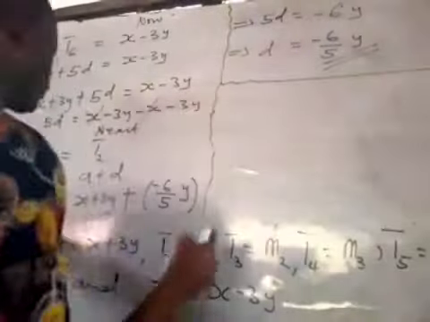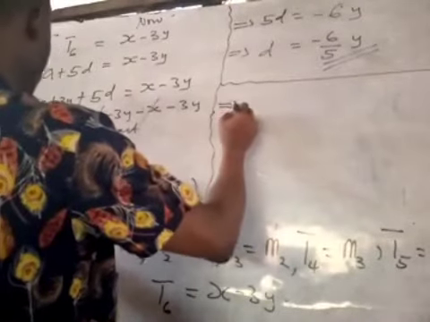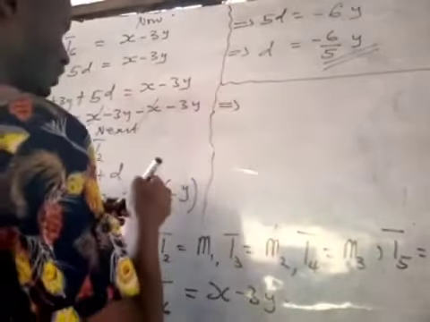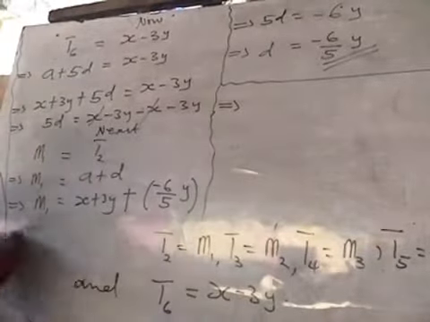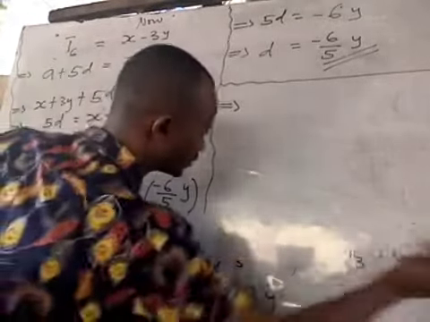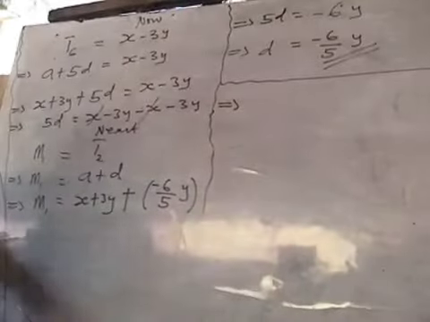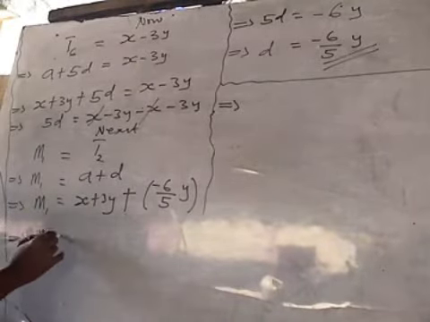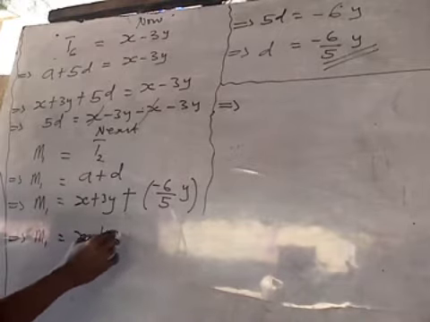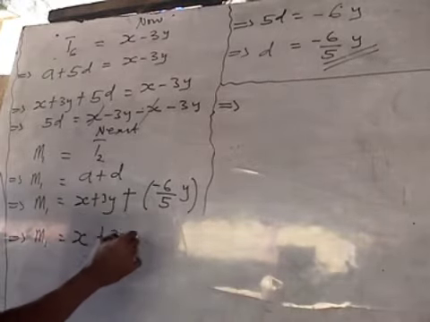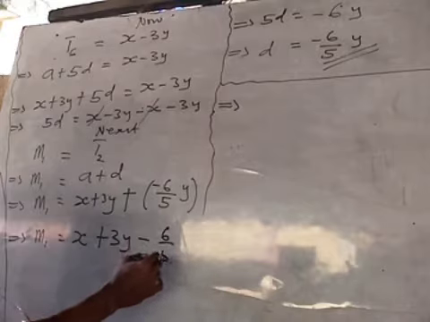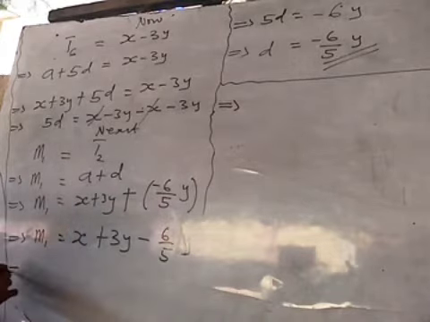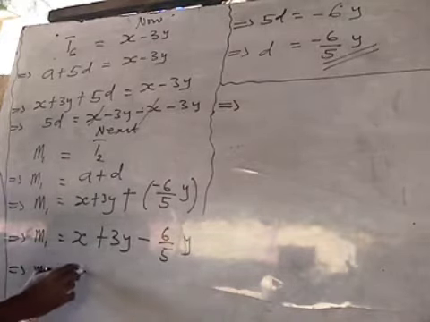Okay, so of course, this now implies that the first mean M1 will be equal to x plus 3y, plus times minus gives us minus, and we'll have 6 over 5y. And this means that M1 will be equal to x.